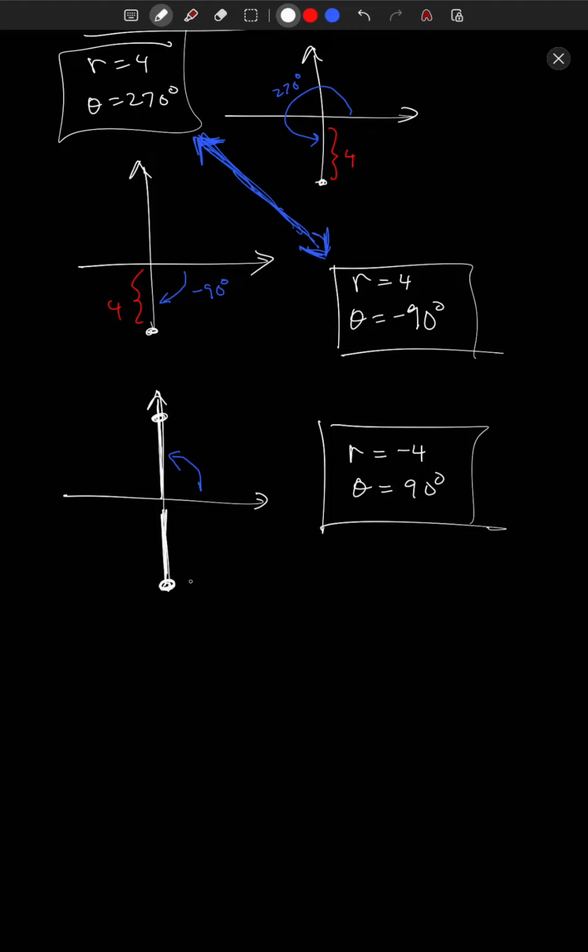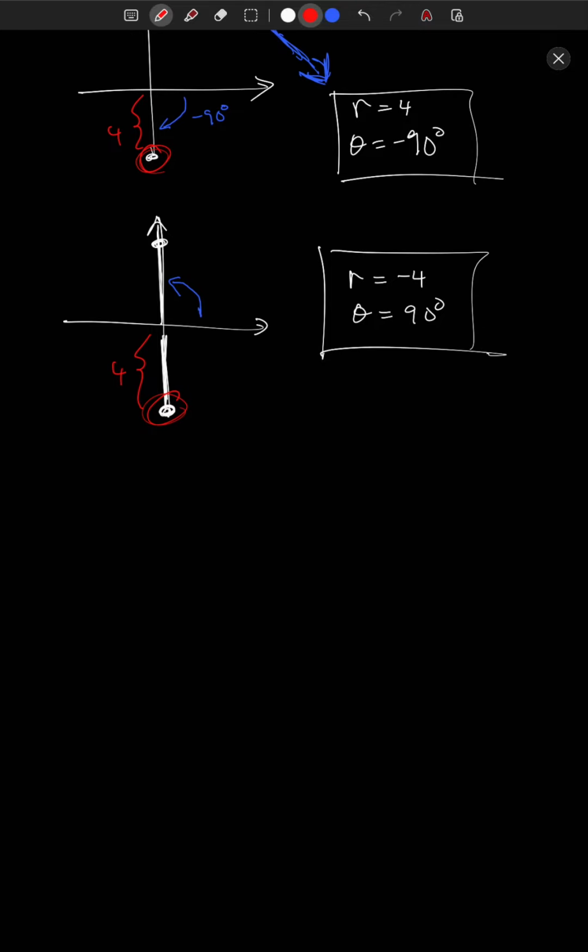So our point would still be the same point because this distance here would still be 4, right? So we're still talking about literally the same point in rectangular coordinates, the point 0, 4, but we've described it in yet another way. All right. So just remember, if r is negative, then wherever your angle tells you to go, you go in the opposite direction in a way. All right.